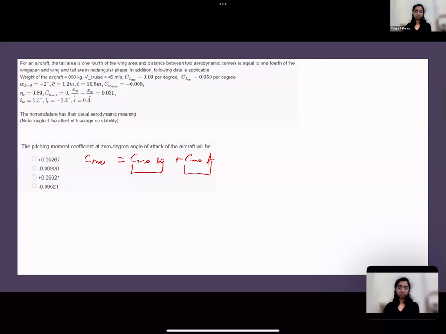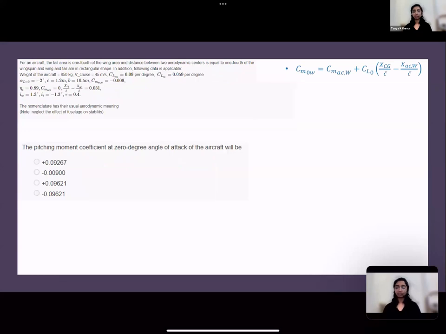What is the formula for Cm naught wing? This is one of the first things that we had discussed in the first 2-3 weeks. Let me give you the formula for Cm naught of the wing. This is the formula. Try finding it.